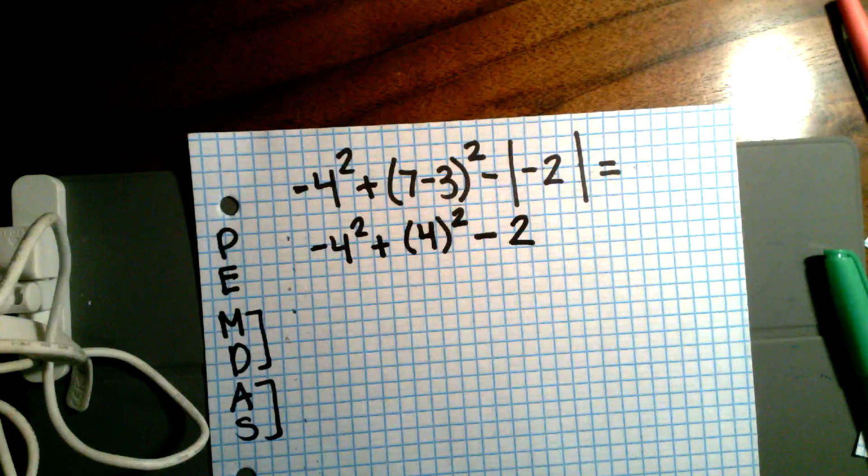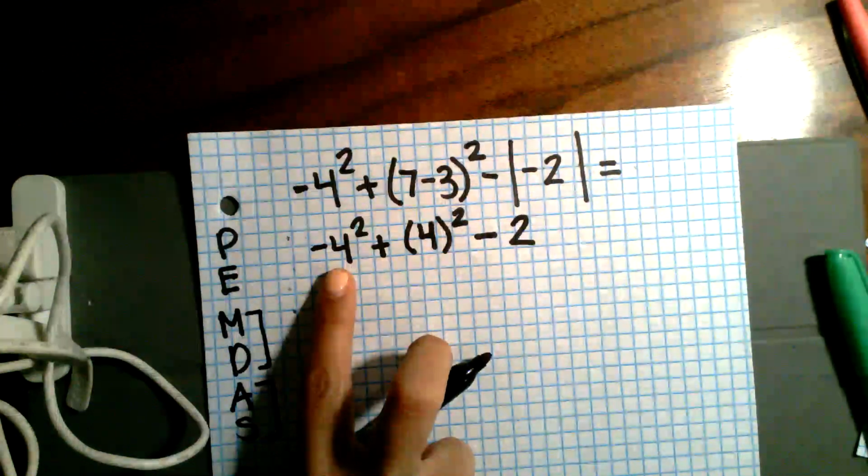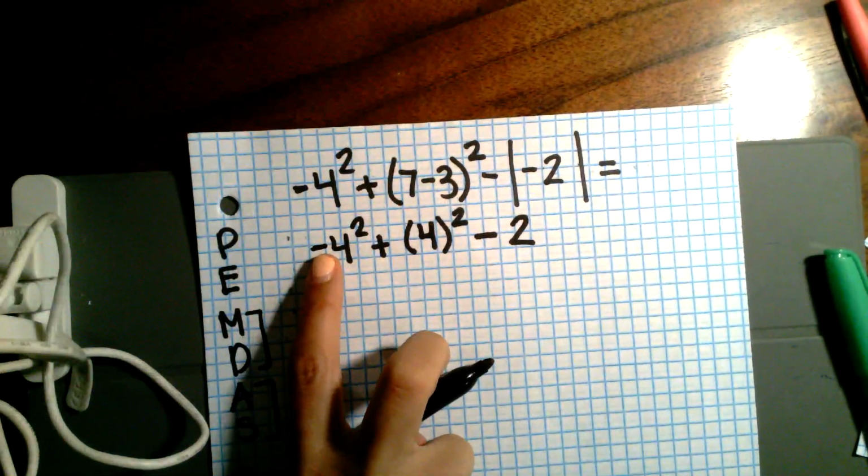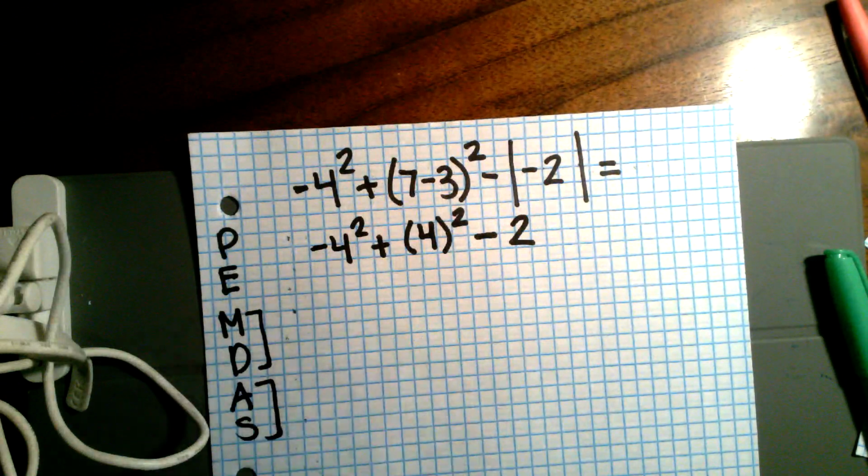All right, next thing we have are exponents, and we have a couple of those. And we're going to be really careful here. And if you've forgotten the difference between having parentheses around a negative base like this or not, you can go back to my video on exponents with negative bases.